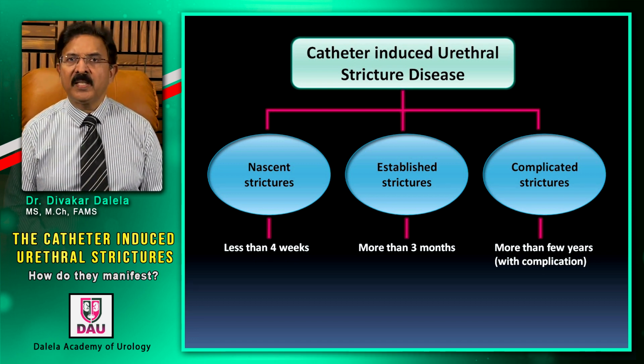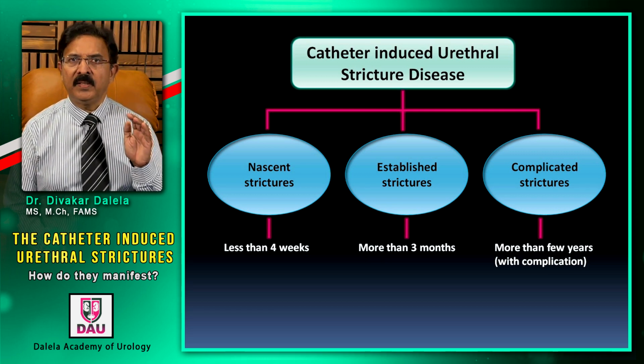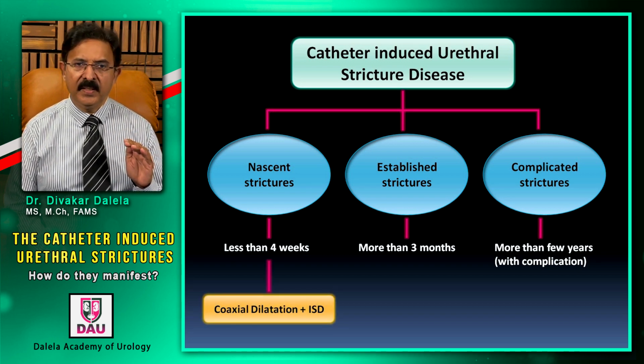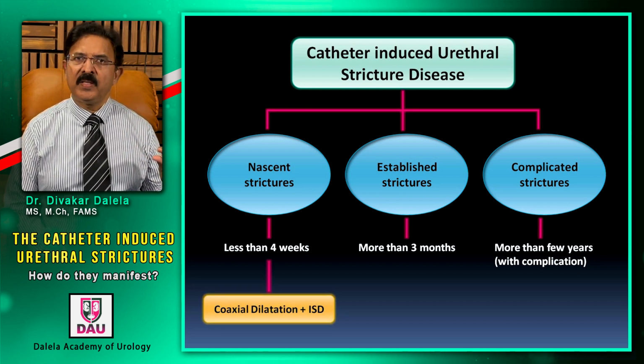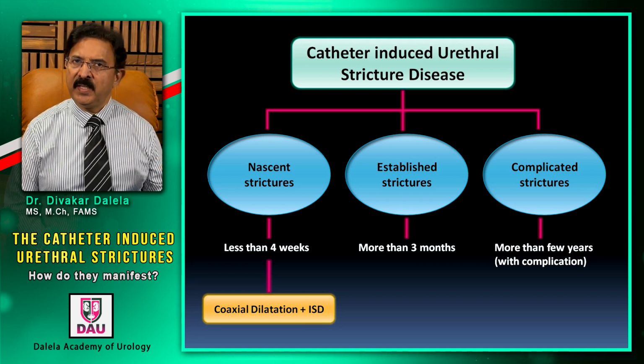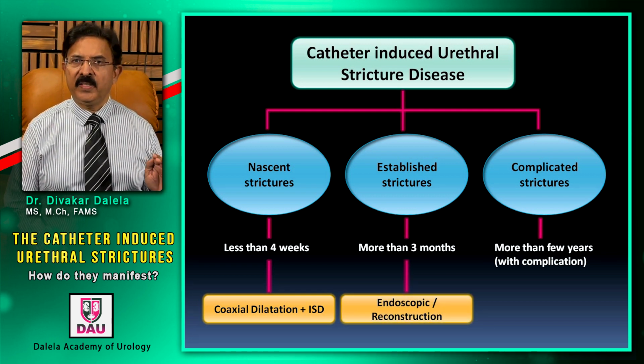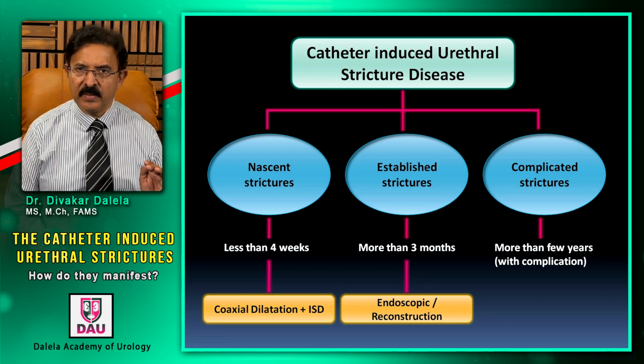Why do I do this classification? Because the age tends to connote the quantum of fibrosis. If you have a nascent stricture, you can just dilate the stricture on the guide wire and ask the patient to remain on self-dilatation and it will be fine. If you are treating an established stricture, you will need either an endoscopic procedure or a reconstructive surgery to manage this stricture.